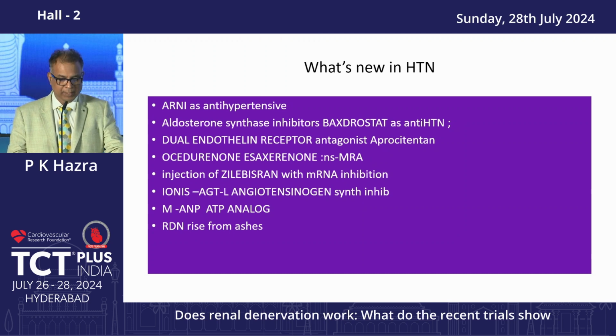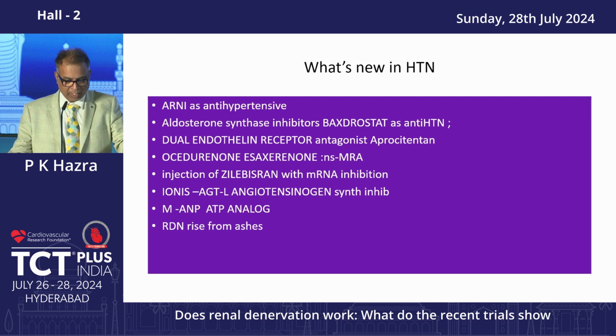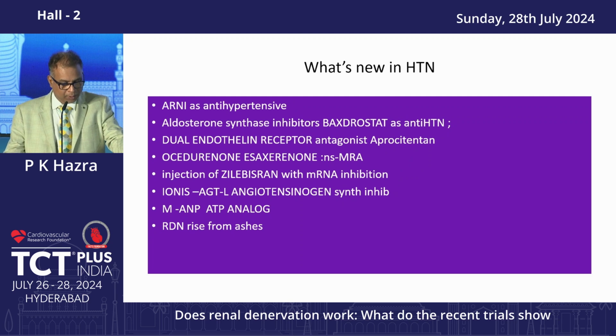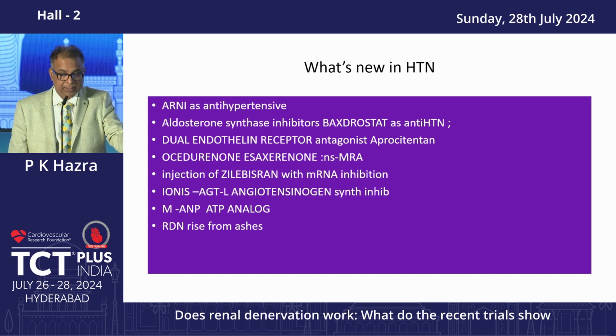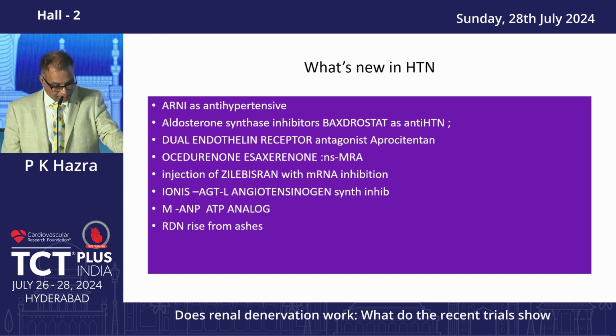So what's new in hypertension before going into the data? ARNI as an antihypertensive in Japan and China, the aldosterone synthase inhibitor baxdrostat, aprocitentan, newer MRAs, zilebesiran, gene silencing, and gene editing.